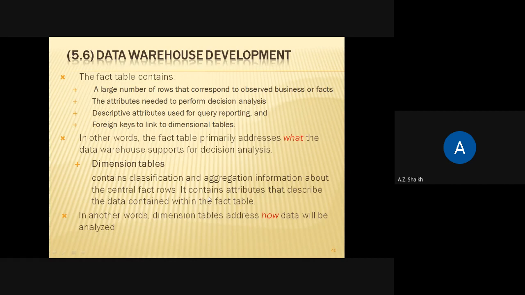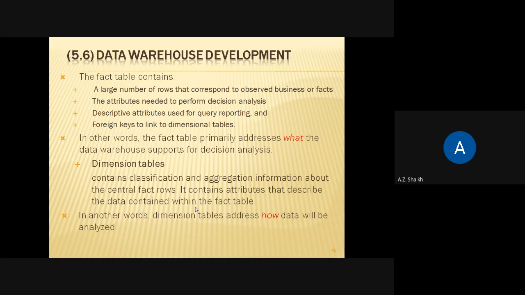That means whatever data is in the fact table, the dimensional table gives the description of that data. In other words, the dimensional table gives the information on how the data is to be analyzed.